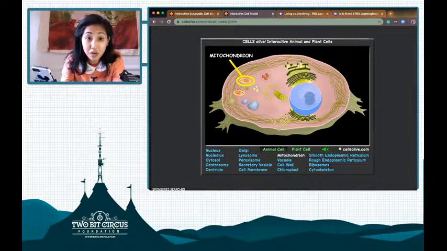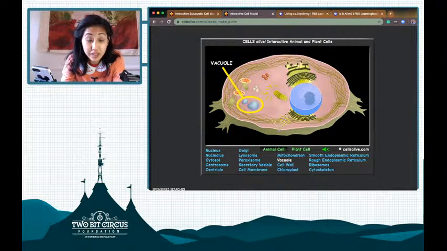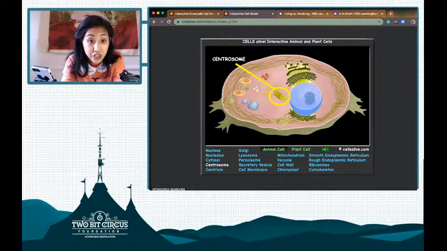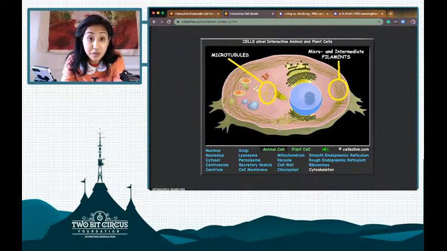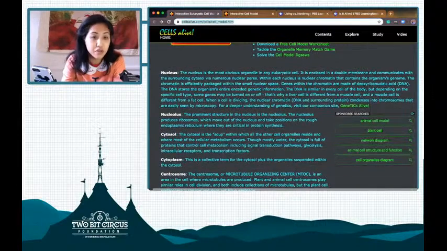These are all organelles that you see outside here. Mitochondrion, lysosomes, peroxisomes. Oh my goodness. A vacuole. There's filaments, there's Golgi, there's centrosome, there's microtubules, and micro and intermediate filaments. My goodness, I'm saying a lot of fancy words, right? And not all of us are sure of what I'm saying.